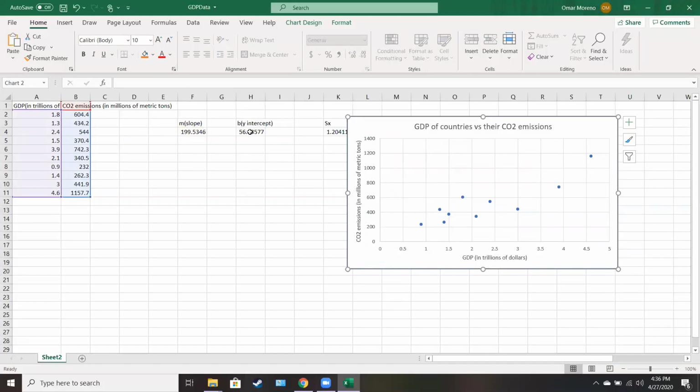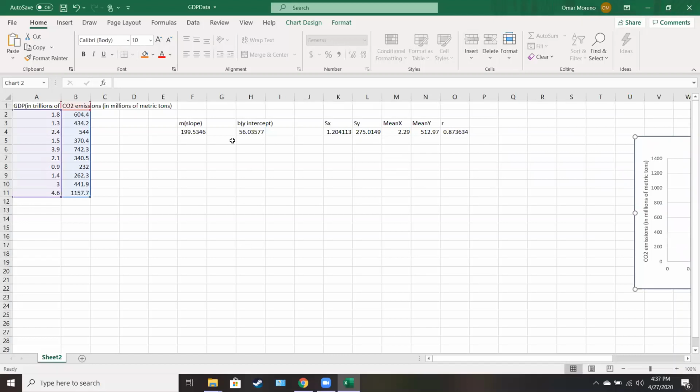Your CO2 will be around 56 in terms of millions, right? But just telling us where this line is going to cross the y-axis.